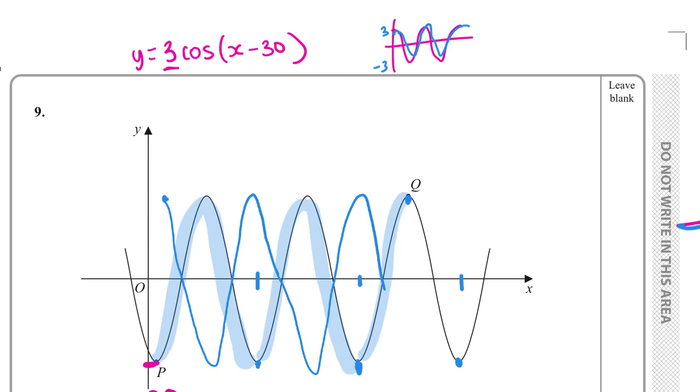Can you see? This is if it's positive. This is why this has to be a negative, because it's flipped over. All right? Yeah? Happy? Great work, guys.